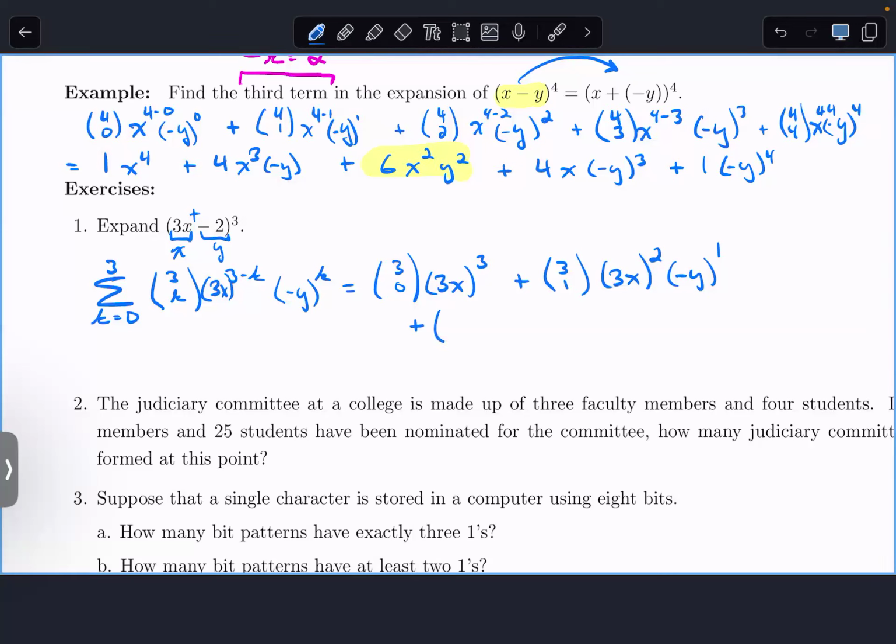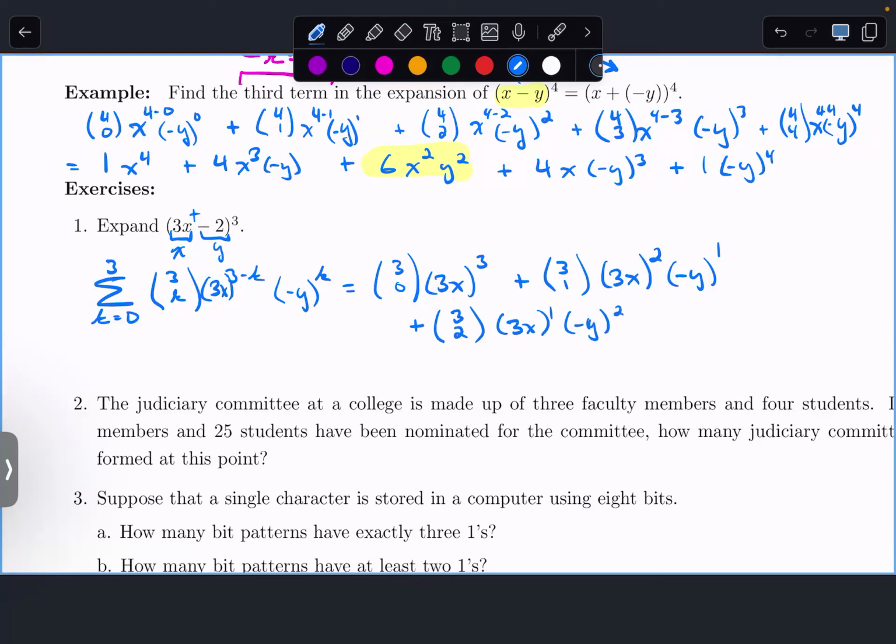plus 3 choose 2 of 3x to the power of 1, negative y to the power of 2. Plus 3 choose 3, 3x to the power of 0, which by the same logic I won't write, negative y to the power of 3.